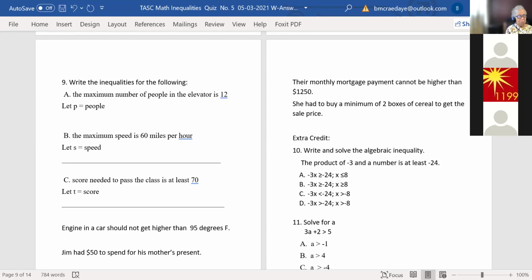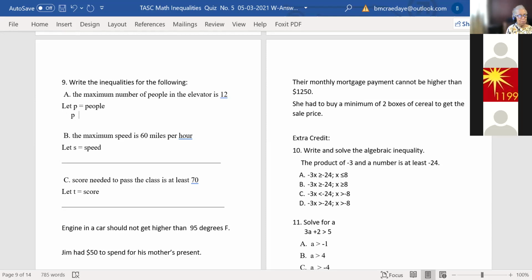Okay. Maximum number of people in the elevator is 12. Now you want to write the inequality to show that, right? Using P. Now, what would be the inequality? Less than or equal or greater than or equal?